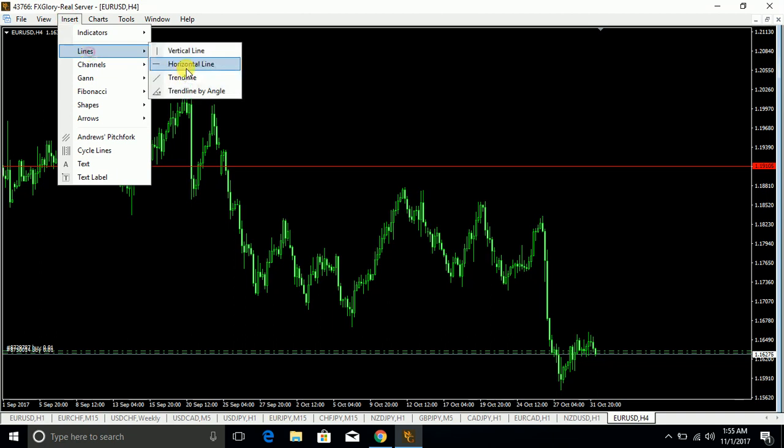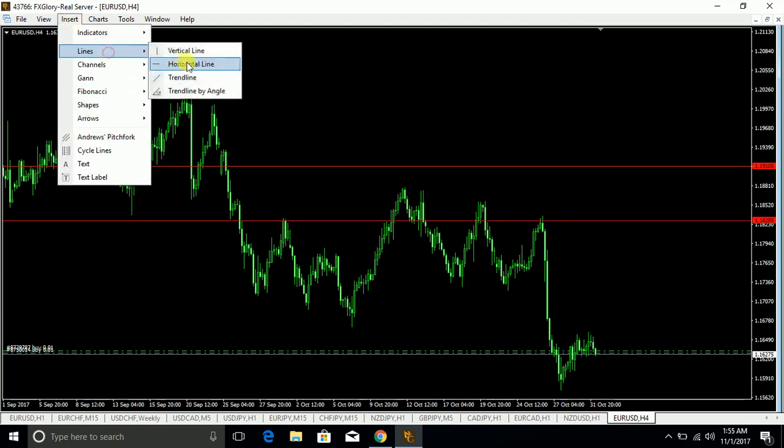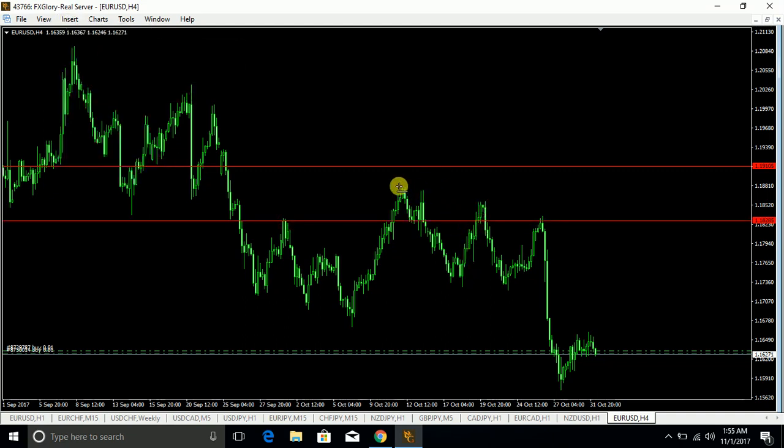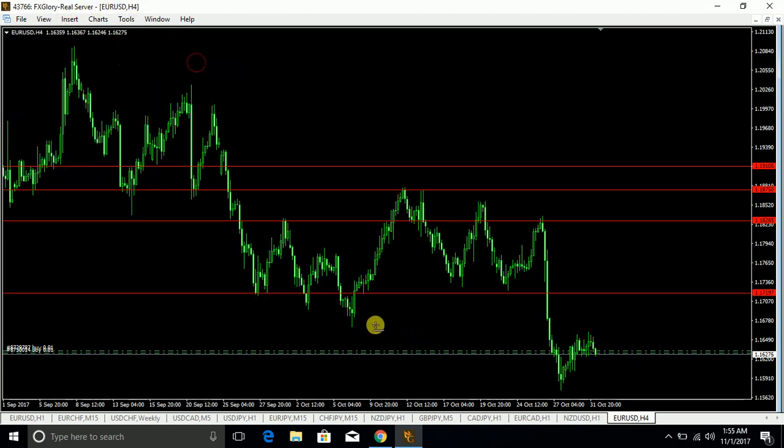So again, we'll take our horizontal line. We have one here. We have one here. Here. And once you get an eye for this stuff, you can move a little faster.